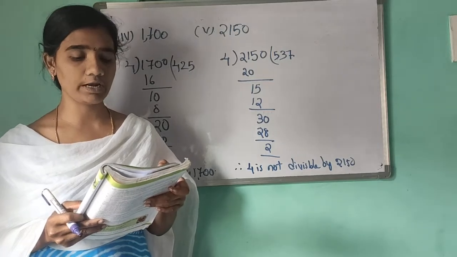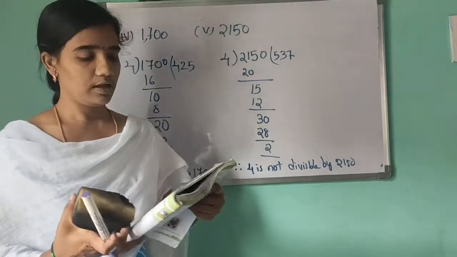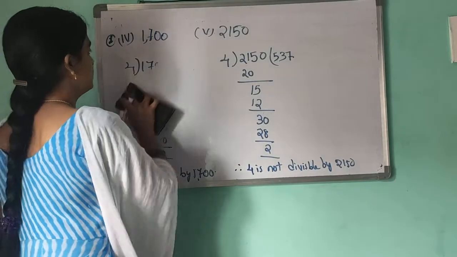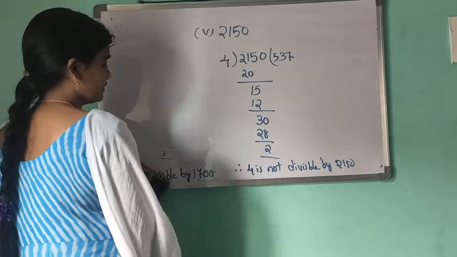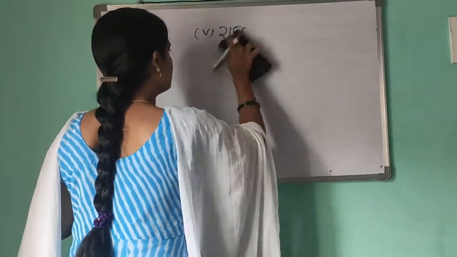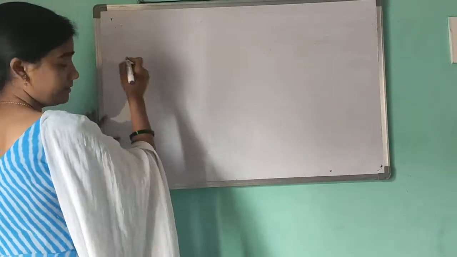Test whether the following numbers are divisible by 8 or not. Previously, we checked whether the given numbers are divisible by 4 or not. Now we have to find whether the given numbers are divisible by 8 or not.